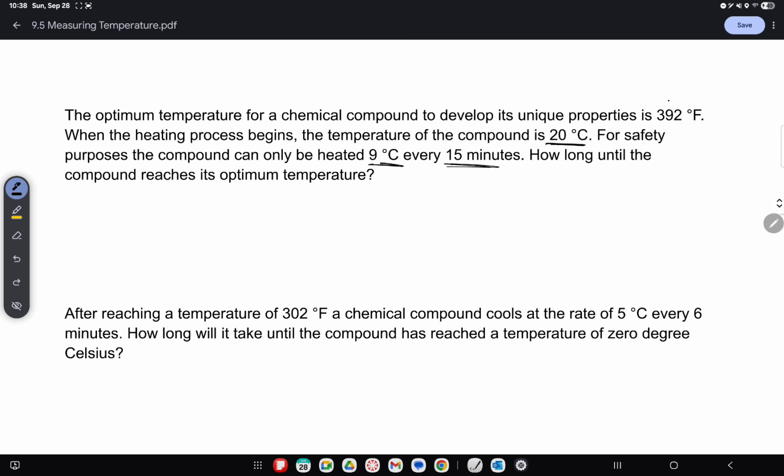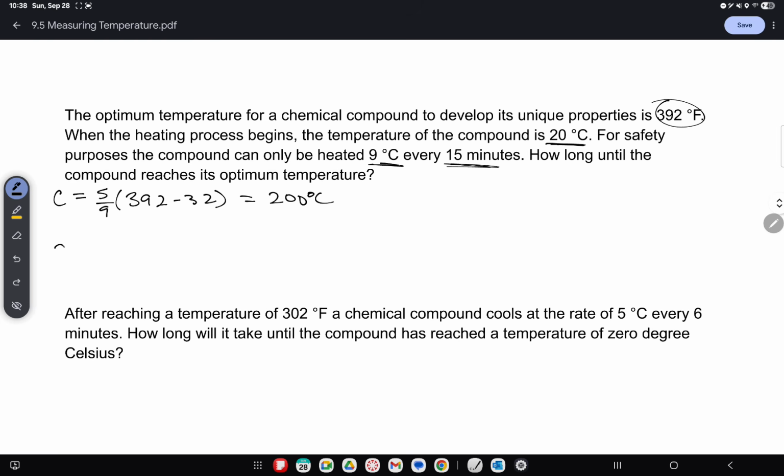So let's turn this Fahrenheit into Celsius, since everything else is in Celsius. Celsius is 5/9 times the Fahrenheit minus 32. So let's see, 392 minus 32, and then times 5 and divided by 9 will give me 200 degrees Celsius.